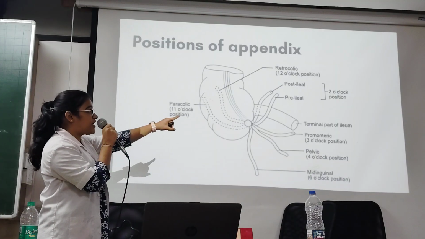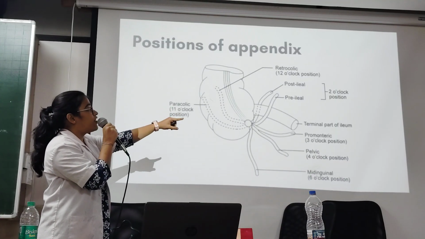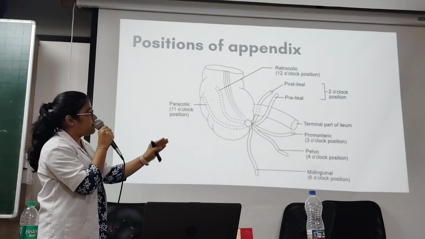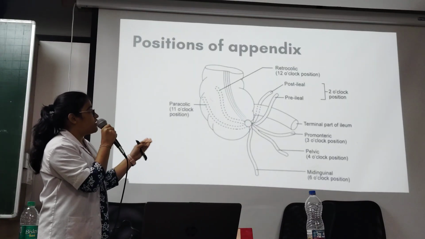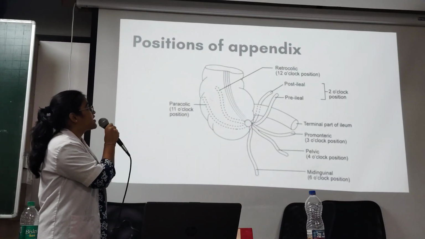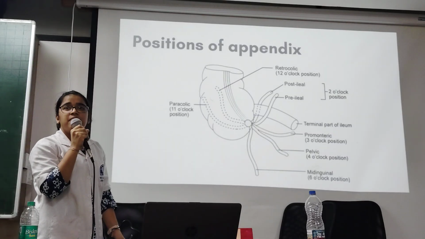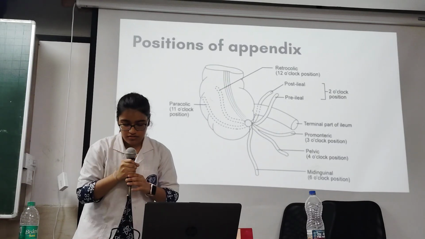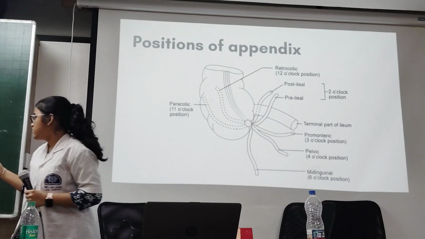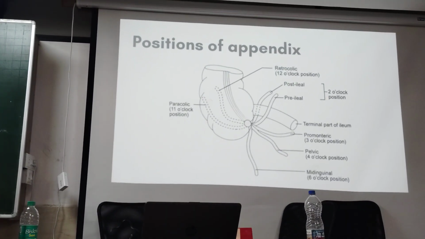And the last two are the pre-ileal and the post-ileal, according to which the appendix is present in front of and behind the ileum respectively. The positions of the appendix can also be denoted by the clock system.